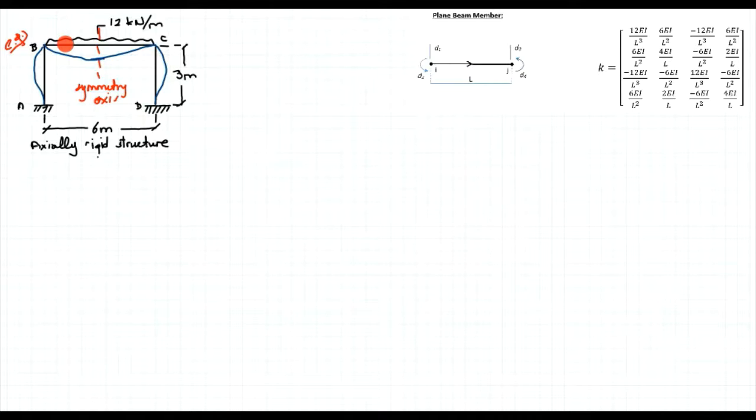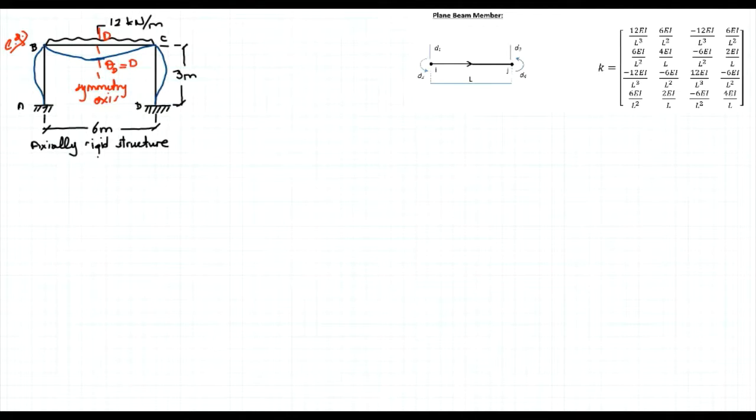We don't see any sway because whatever we see on this side of the symmetry axis, the structure, the loading, or the deformed shape should be exactly the same on the other side. So we don't expect to see any horizontal translation. Plus, if we call this middle point point D, the rotation at D must be equal to 0.